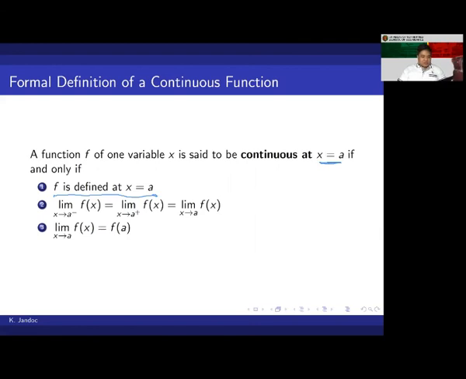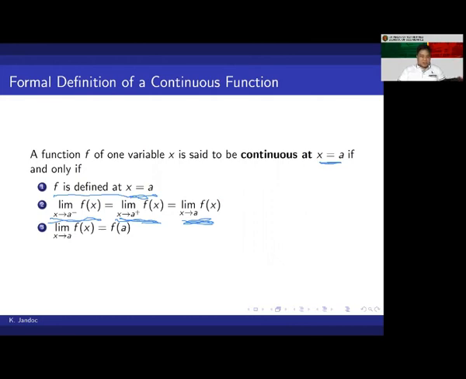So it must be defined at that value a. Second, the limit of the function as you approach from the left should be equal to the limit as you approach from the right, and that common number should be the limit of the function.